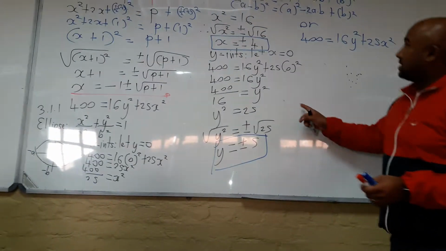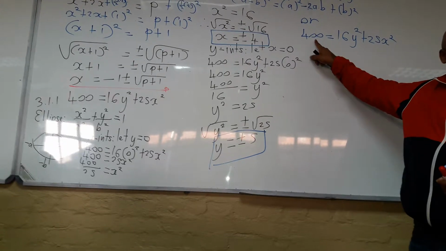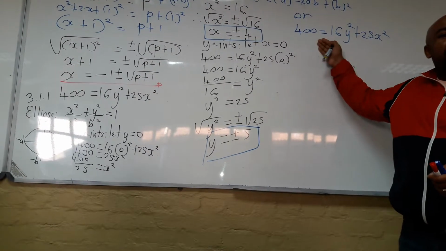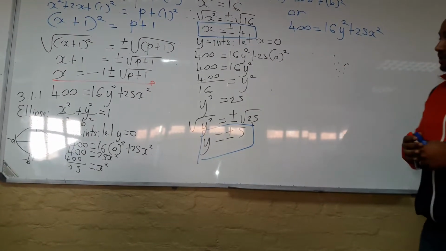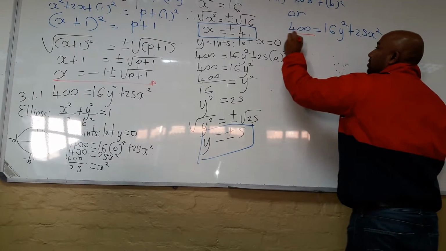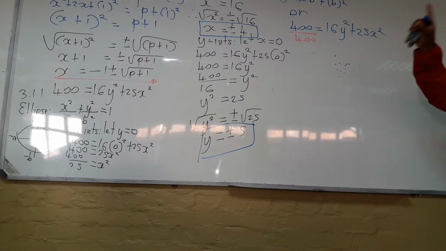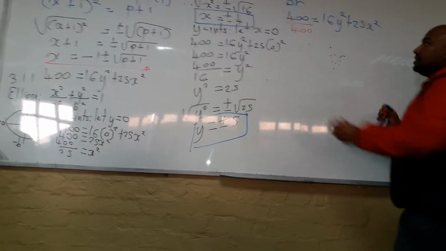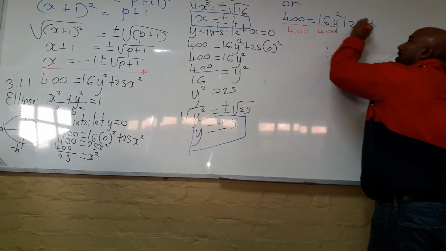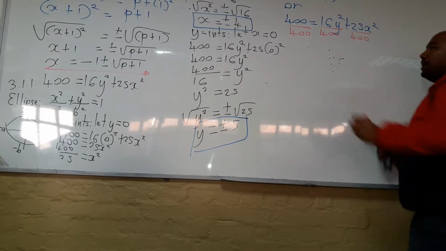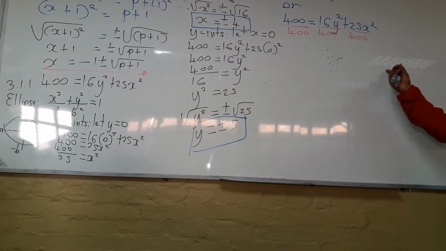So if I wanted to get 1 as a constant, what must I divide 400 by? By 400. So I could divide 400 by 400. Whatever I do on the left hand side, I will have to do on the right hand side. So that will be divided by 400 divided by 400. Okay, this might be an easier option.